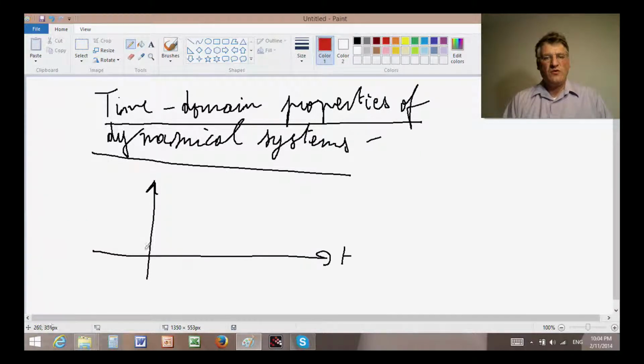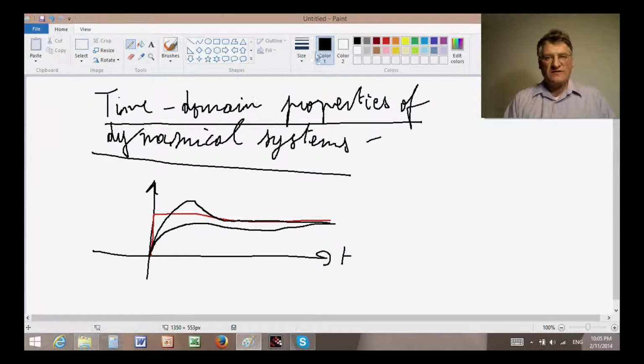For example, when the input is a step, then the output may look like this, or it may look like that, etc., etc.